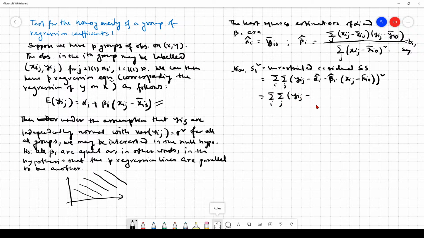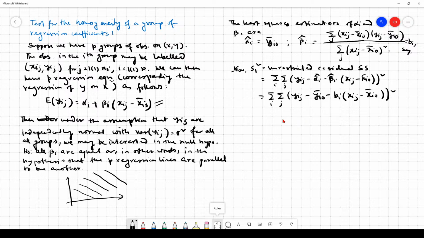Now replace the estimates of alpha i, beta i hat, then you get bi (xij minus xi naught bar) whole square.